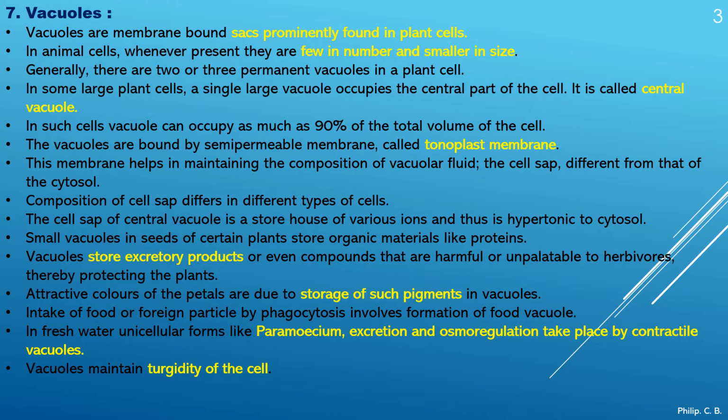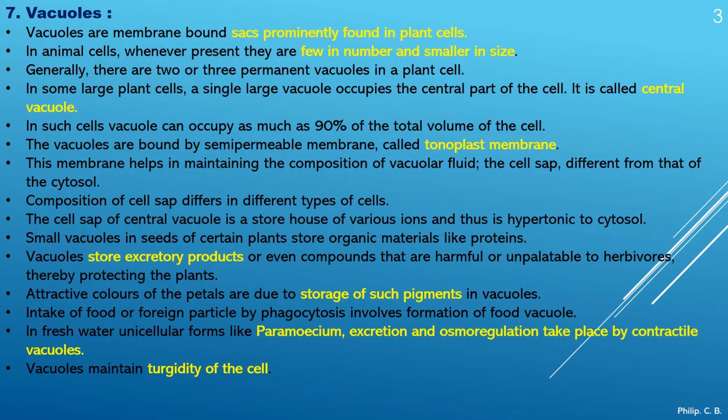Now, as we learned about cytosol in the previous video as well, the cytoplasmic movement, the different organelles or components present, how they may move in the cytoplasm or cytoplasmic pool. Further, the composition of cell sap differs in different types of cells. What does that mean? Every cell may have a different composition of cell sap. The components may be the same, but the composition of the cell sap may differ.